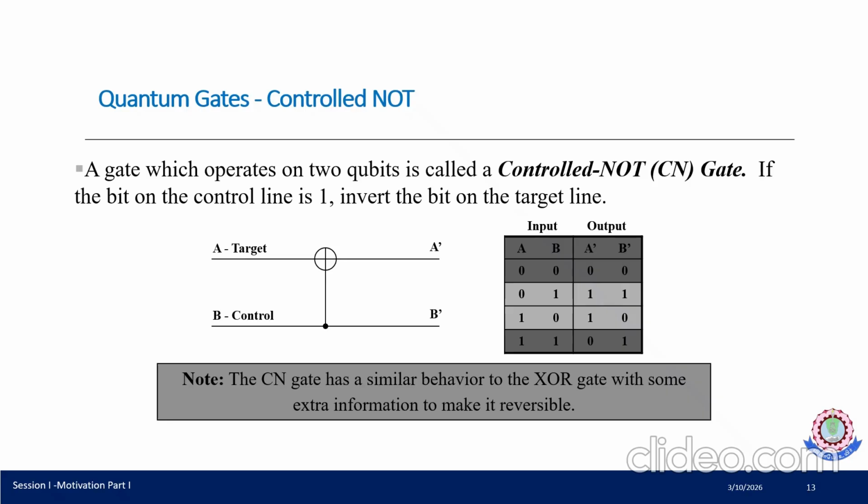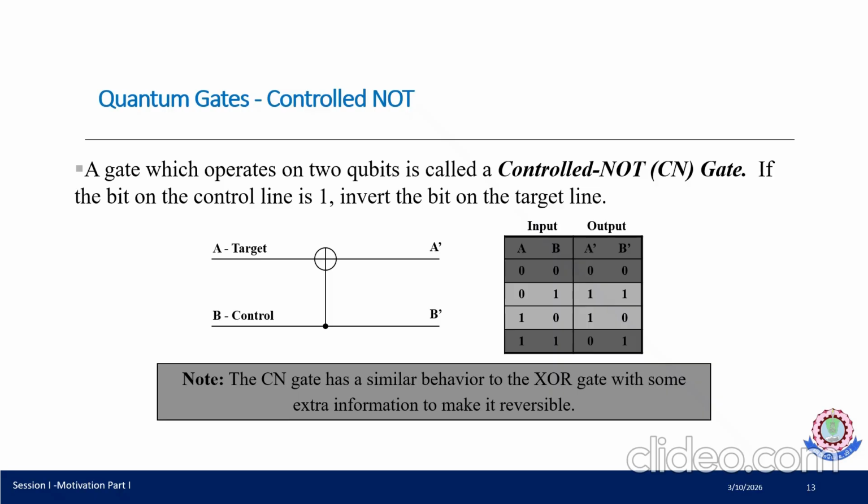So the controlled NOT gate. Till now we have seen the AND gate and the NOT gate. A gate which operates on two qubits is called a controlled NOT gate, otherwise we can call it a CN gate. If the bit on the control line is 1, then the target line is inverted.